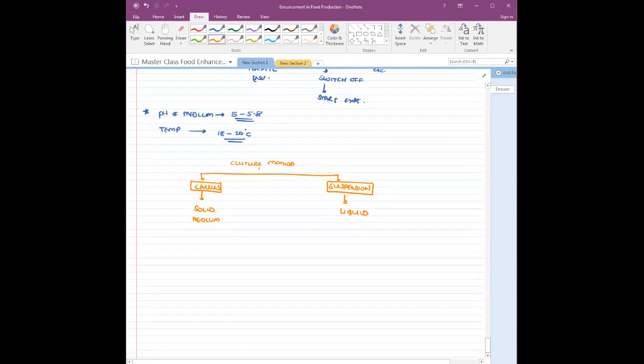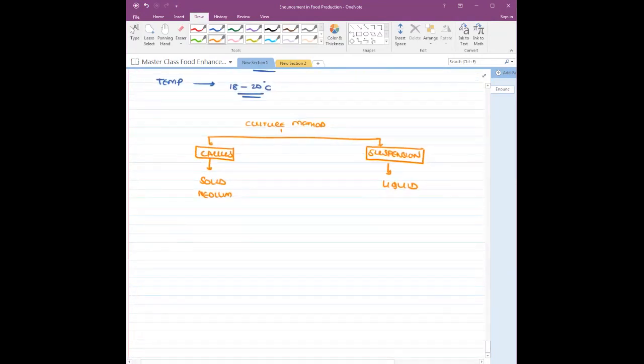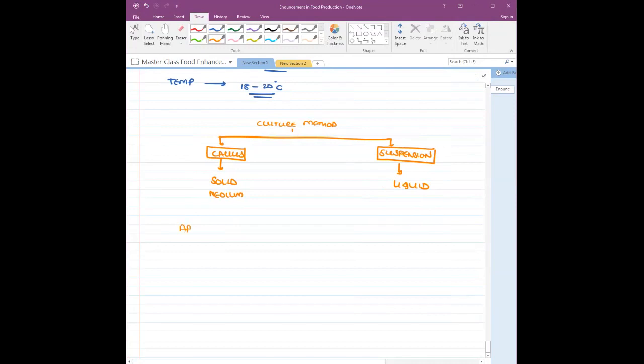Okay, so guys, let's try to see a little bit of what the applications of this tissue culture are. Why is this going to be important? The first thing we're going to see is that it is going to help in micropropagation, meaning from one entire cell you are going to get an entire plant, and not just one plant, you are going to get hundreds and hundreds of plants altogether.